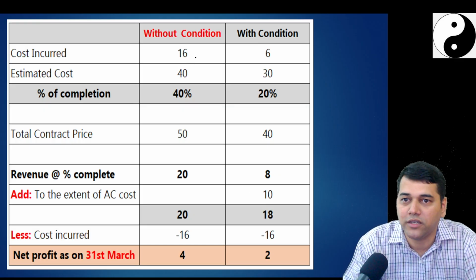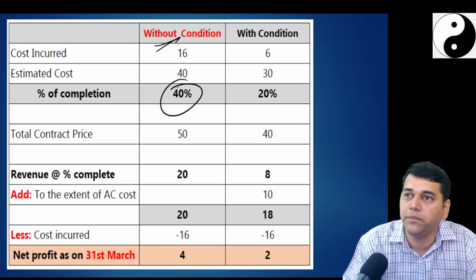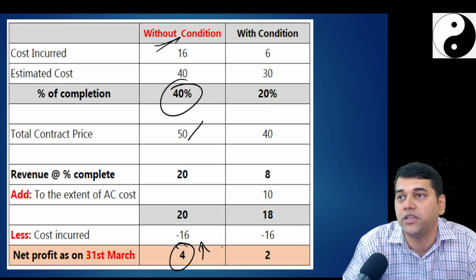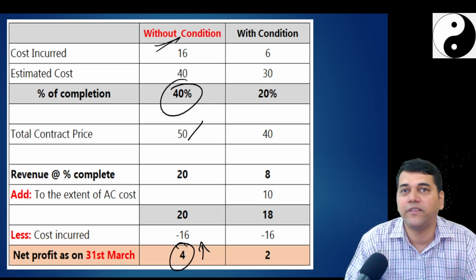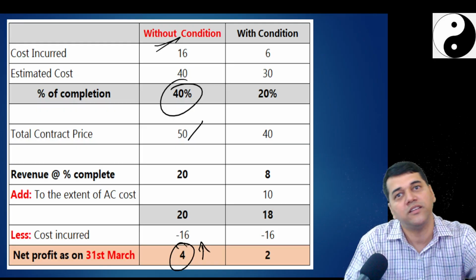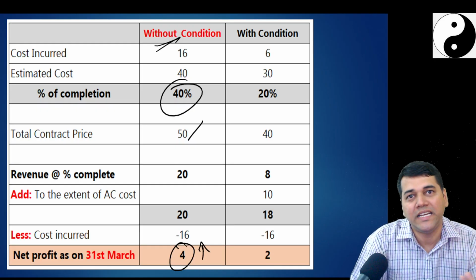If this provision was not there, without this condition, you would have said 40% work is complete, and you would have applied profit on the entire 50, and recognized 4 lakh more profit during the year. Your EPS would have increased, your market price would have increased, investors would be very happy, the CEO would get a fantastic bonus for the year, and next year he would resign and go. And this impact would come as a cumulative catch-up next year.